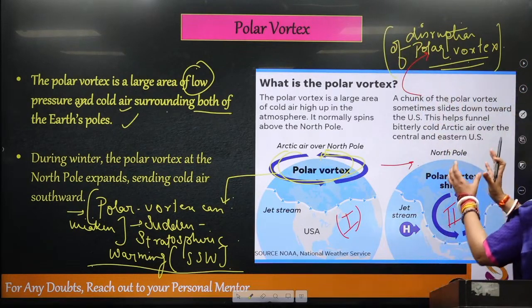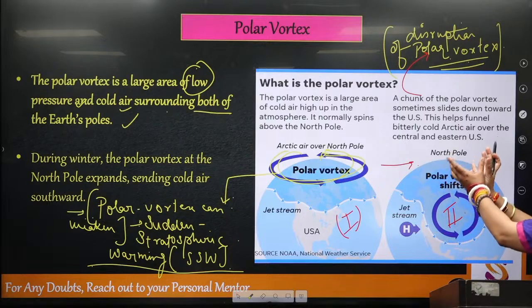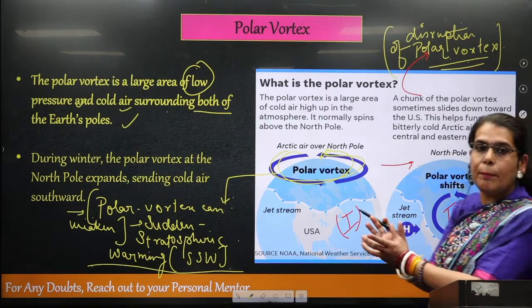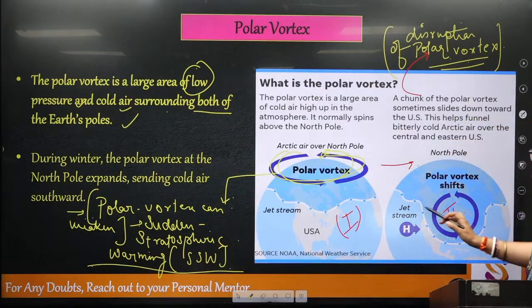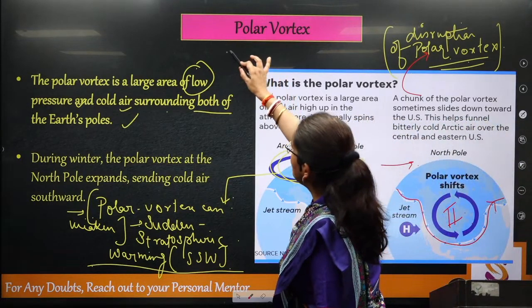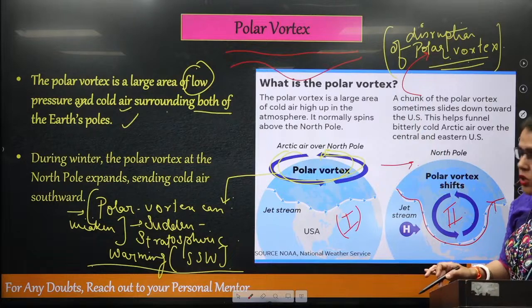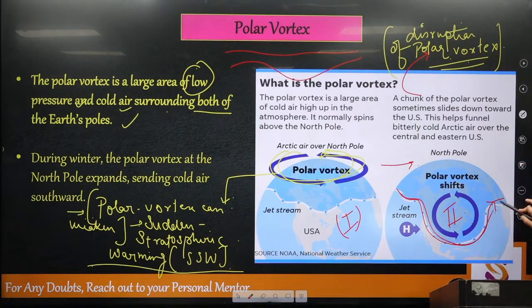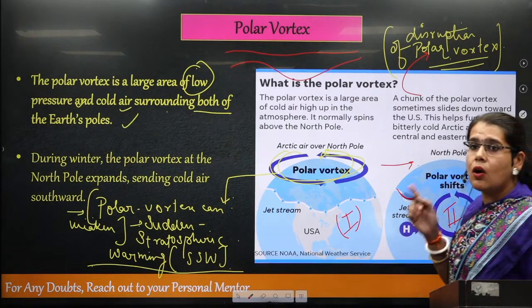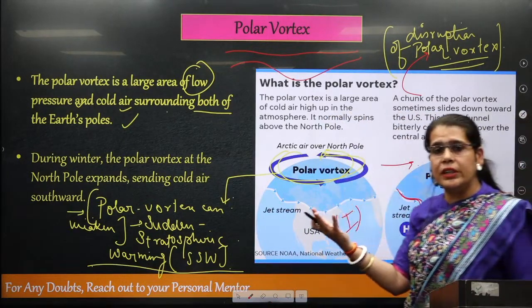Now when this polar vortex is disrupted, it tends to shift a bit southward. When it shifts southward, it also impacts the jet stream, the polar jet stream. We remember this is the path of the jet stream, but now there will be meandering. Because of this meandering, the associated weather conditions will get disrupted across multiple regions, because the jet streams will also have the crest and the trough.